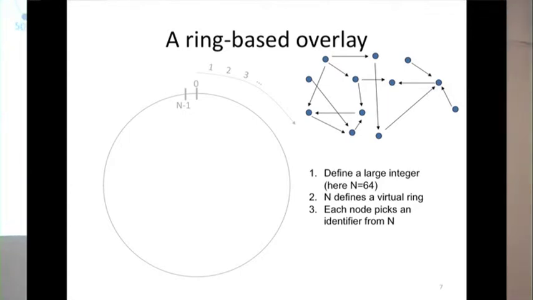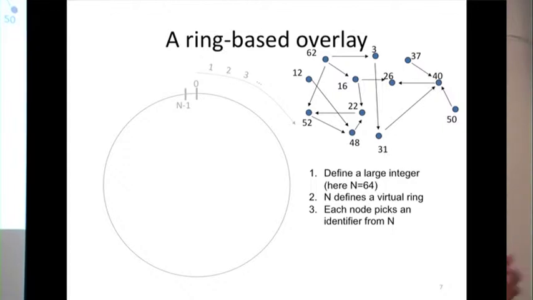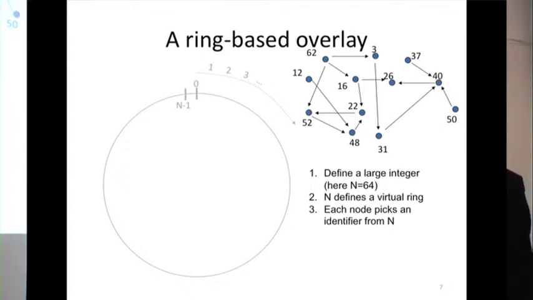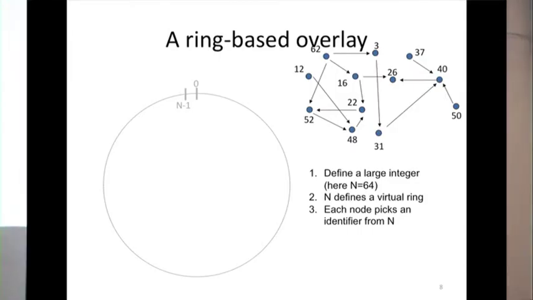All you need is that this identifier should be unique. They can be assigned uniformly at random or by an administrator, but usually uniformly at random. The values you get are somewhere on the ring, so virtually you can perceive all of this as if there is a ring and these nodes are placed on the ring.